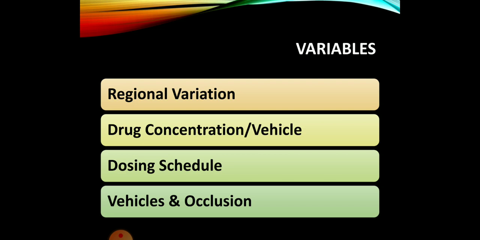But if you change the salt, if you change the concentration, it may become a mid potent preparation. So it's the concentration of the drug as well as the vehicle which you are going to use that will ultimately decide the potency of a drug and its action in different individuals.